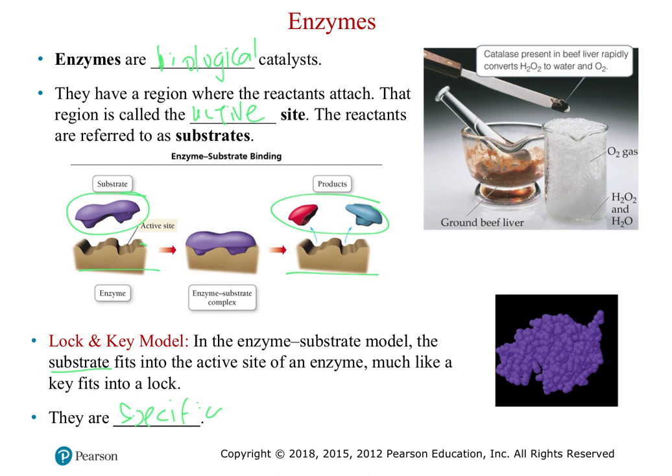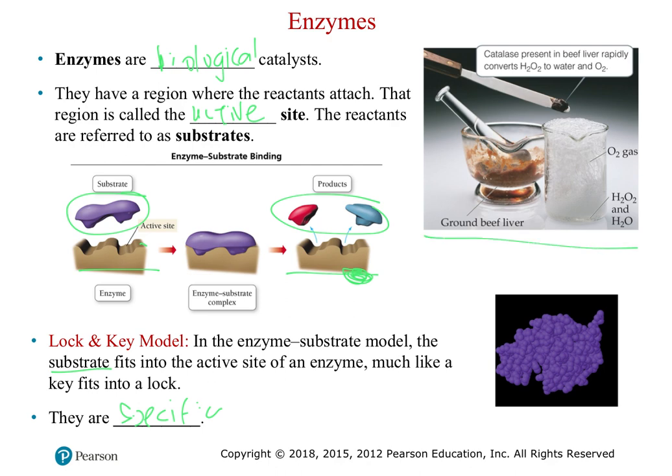There are inhibitors that you maybe have heard of, which inhibit the enzyme by either binding into the active site or by binding on a different part of the enzyme, which inactivates the active site by changing its shape. So enzymes are pretty cool.